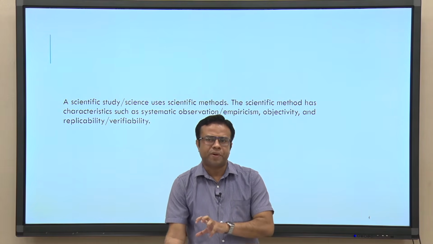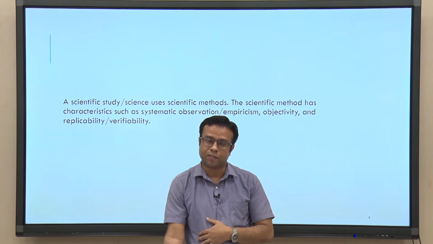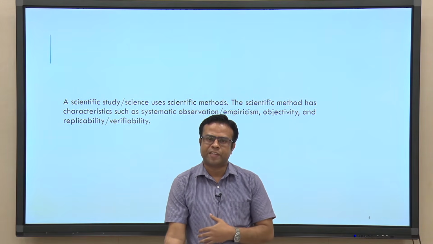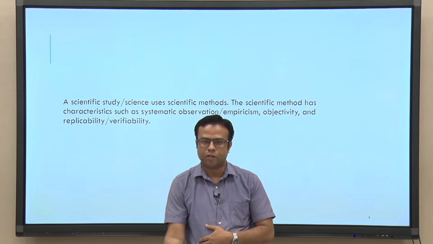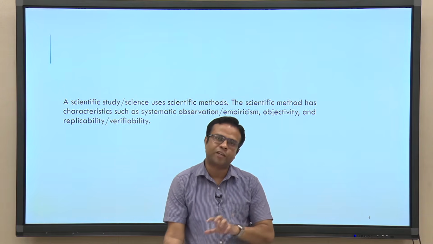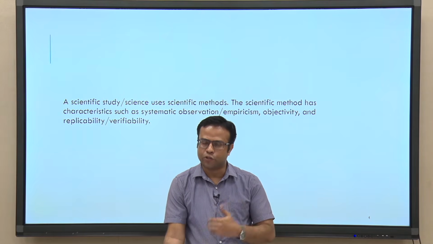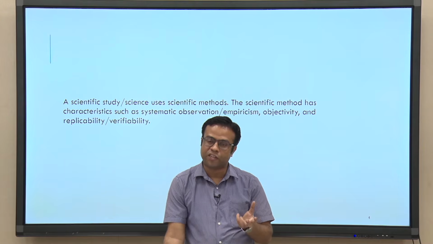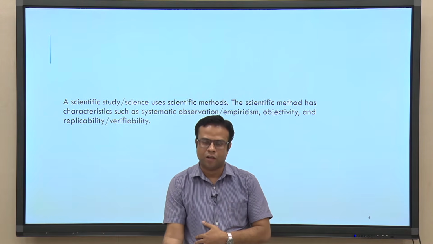Empiricism, the idea of empiricism, is another important term that is used in the context of scientific method. Empiricism basically means when we seek information or knowledge using our sense organs. So, that is related to our observation. Scientific method or science will not study anything that is not detected by using our sense organs.